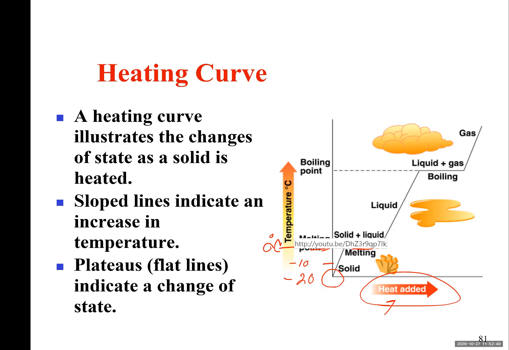Then as you apply heat, temperature is going to rise, let's say to 10, and then 20, and then 50, and going higher and higher until it gets to 100 degrees Celsius. So what is happening here? We are heating, temperature remains fixed. Why is temperature not rising?